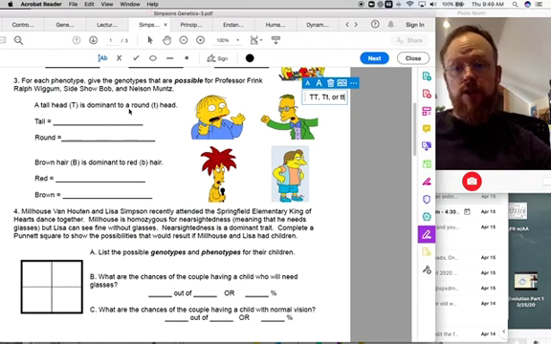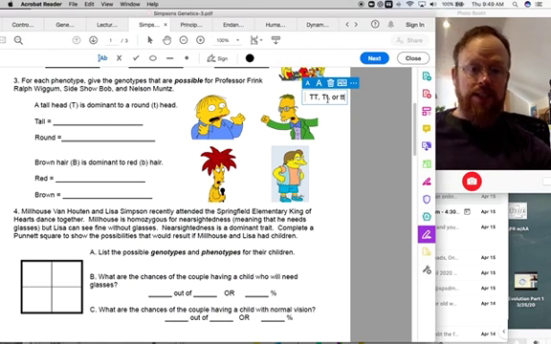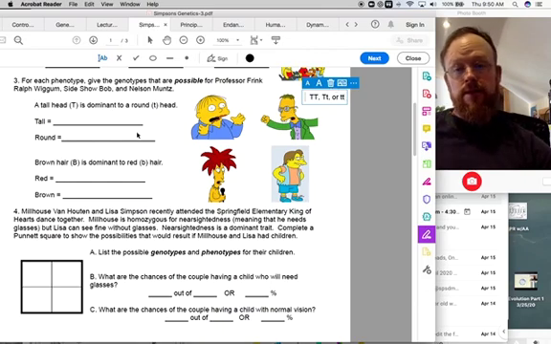A tall head is dominant to a round head, so the ones that contain a dominant allele, a dominant version of that gene, will code for a tall head, whereas the genotype that does not contain a dominant allele will code for the recessive trait, which in this case is a round head. Okay, and you do the same thing for brown hair and red hair, so give that a try.